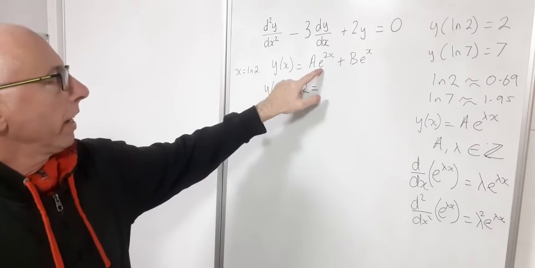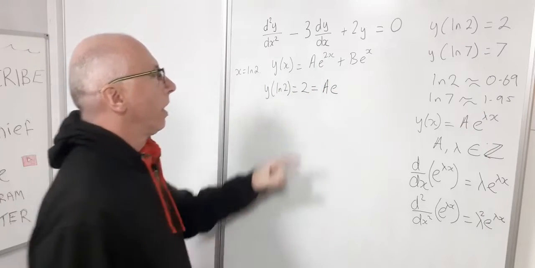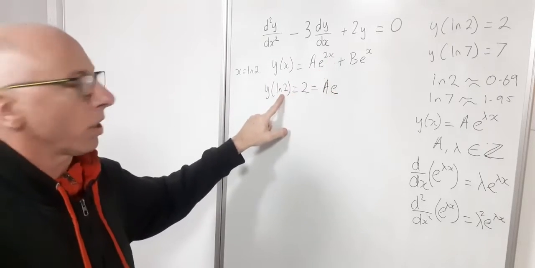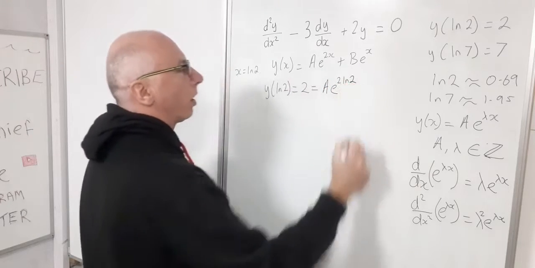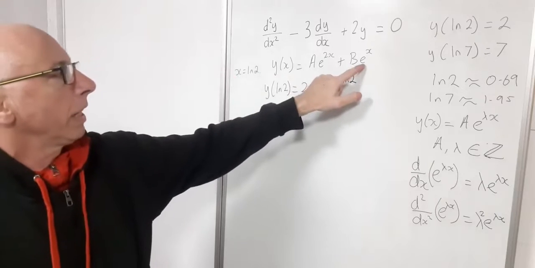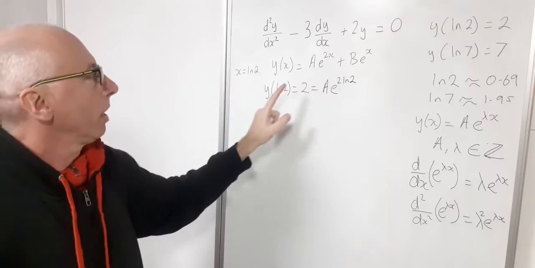So I've got a e to the 2x. So a e and then 2x, I've got 2 ln 2. Okay, so now b e to the x. So now I've got b times e to the ln 2.